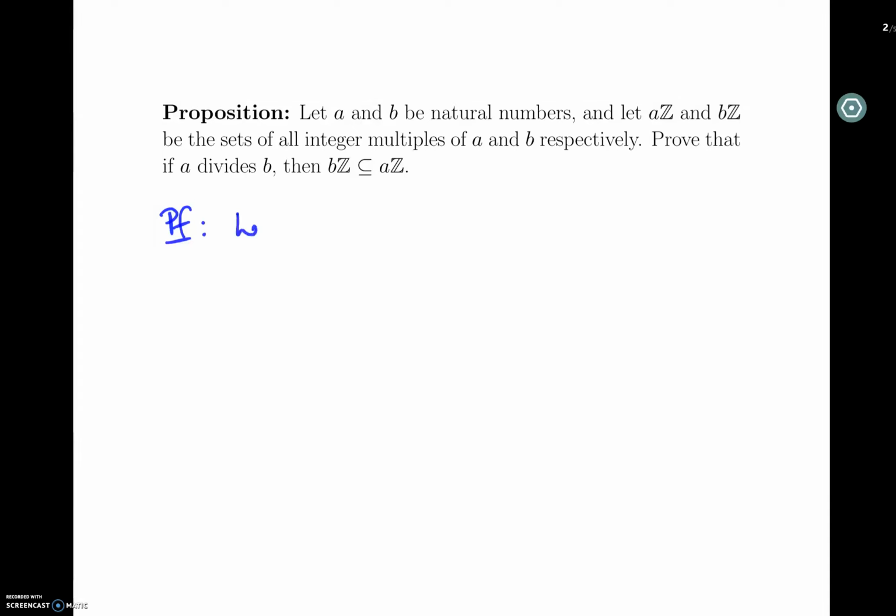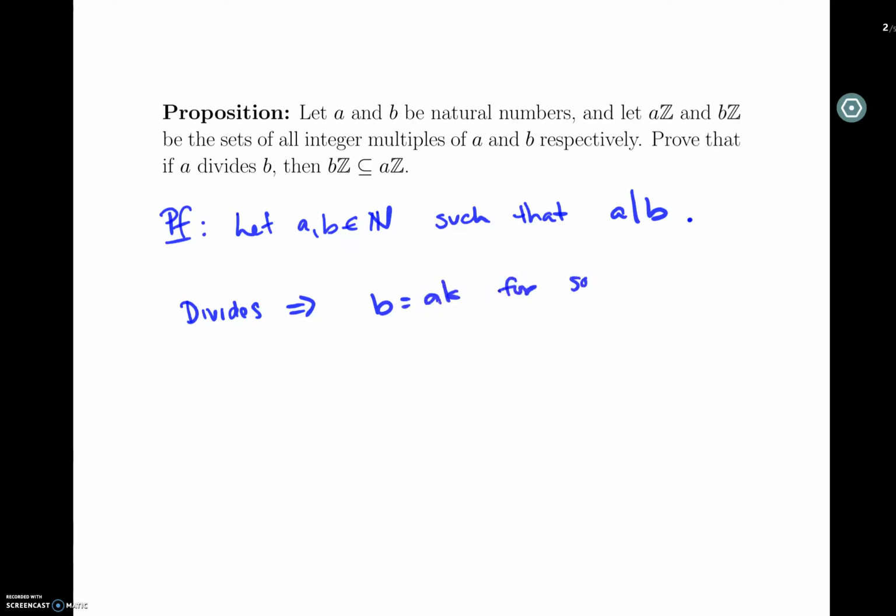We're going to start by letting a and b be natural numbers such that a divides b. Now, the definition of divides tells us that b will equal ak for some integer k.